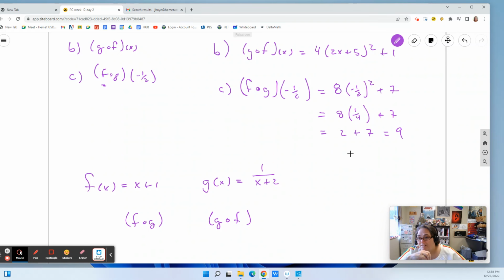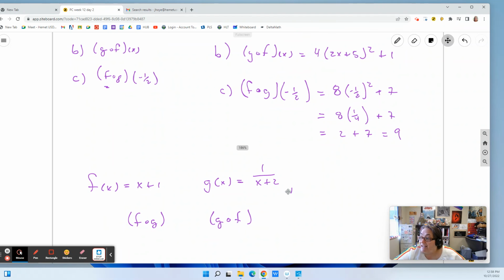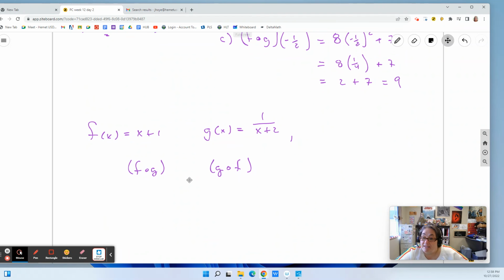Does that make some sense? So when I plug this in, my domain of these functions would be all real numbers except for negative 2.